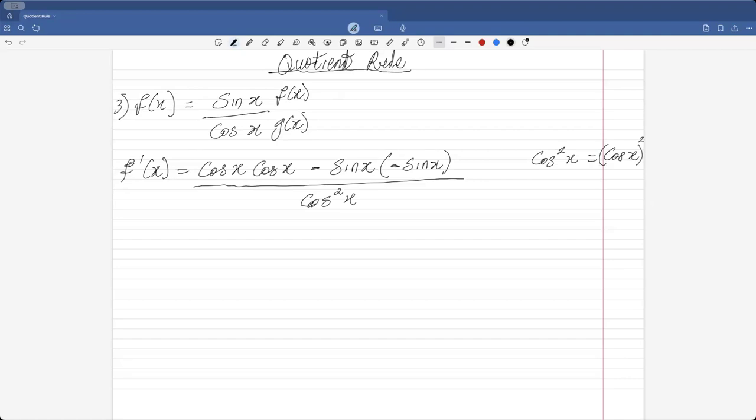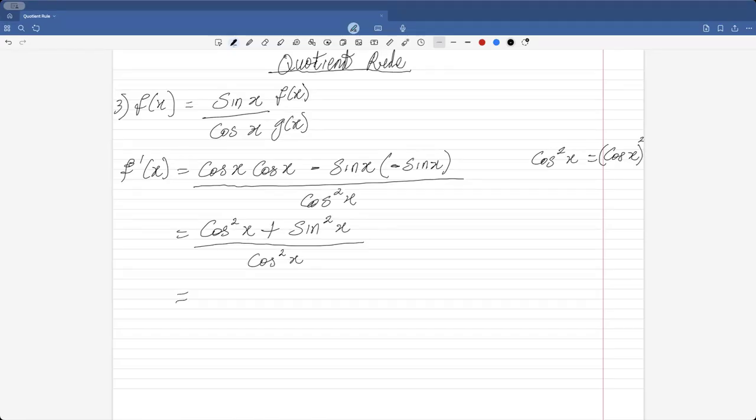So let's move further by doing some algebra. So cos x multiplied by cos x, we have cos square x. Negative multiplied by negative, of course, we have a positive. We have sine square x all over cos square x.